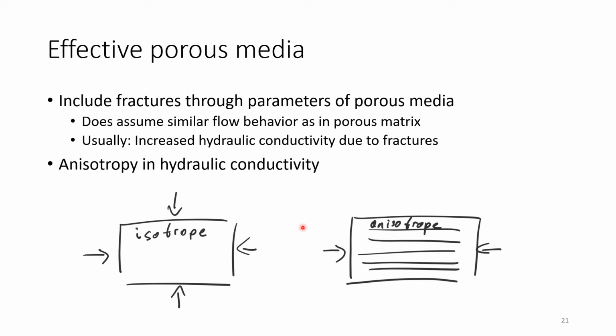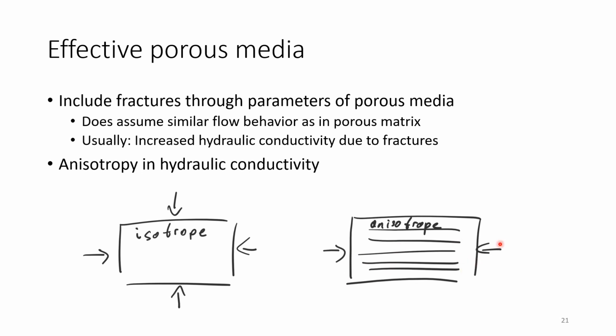What you can do is you can use anisotropy in hydraulic conductivity. Not being sure if everyone's familiar with what that means: if you consider a medium isotropic, it means the direction doesn't matter. Hydraulic conductivity, as an example of an isotropic parameter, is considered equal in all dimensions. If I have anisotropic hydraulic conductivity, that means I have a preferential flow direction, right?